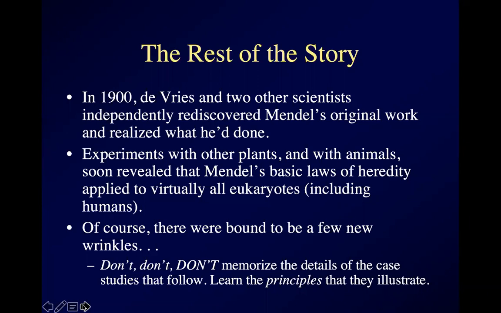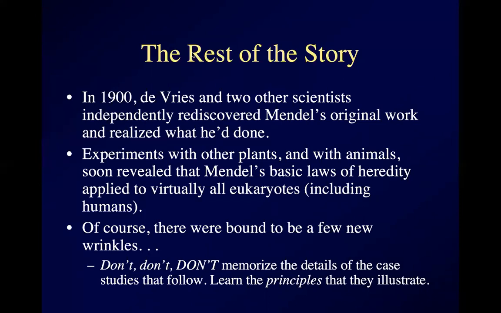But I don't want you to memorize details about how cats inherit things like coat color. You do not need to know that unless you are going to be a professional cat breeder. You don't have to know details of cats. You need to know the general principles that I'm illustrating, because on the exam, I'm not going to ask you questions about cats.